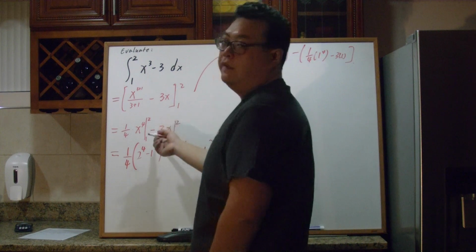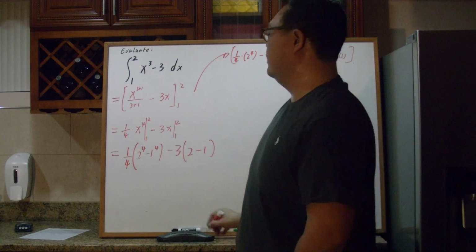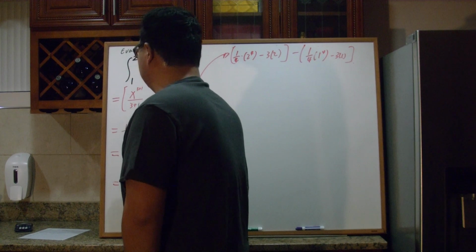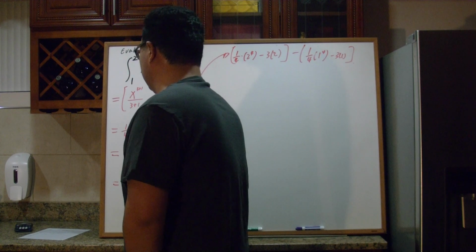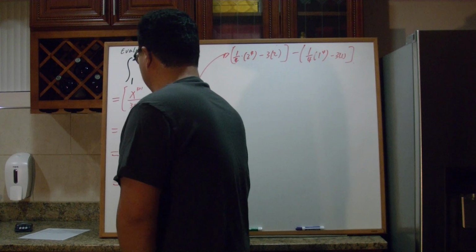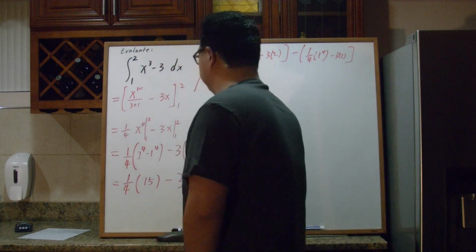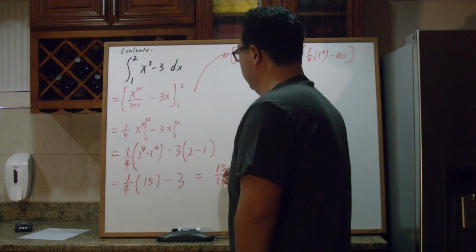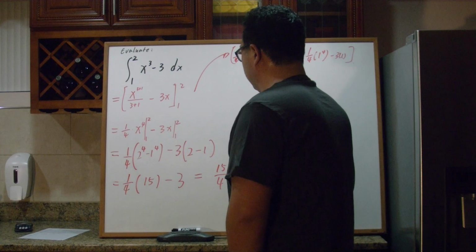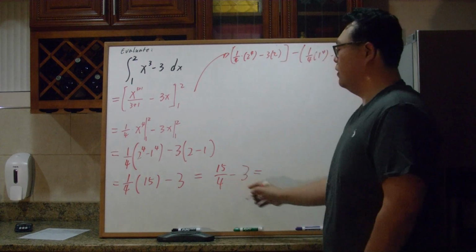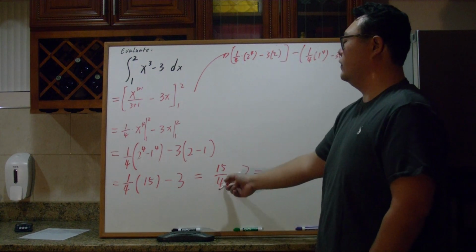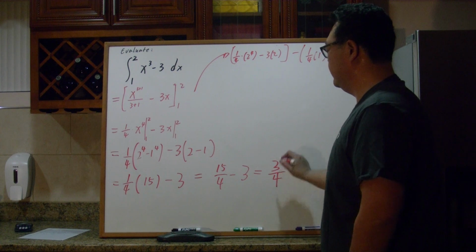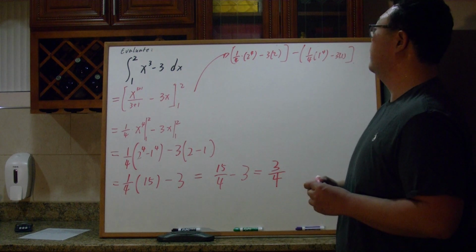Then we get 1/4 times 16 minus 1, which is 15, minus 3. That's 15 over 4 minus 3, which is 12 over 4. 15 over 4 is 3 and 3/4, so when we subtract, it is just 3/4.